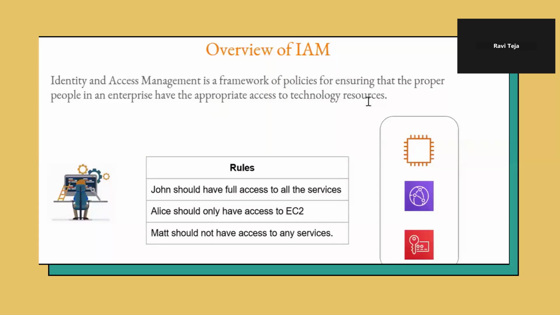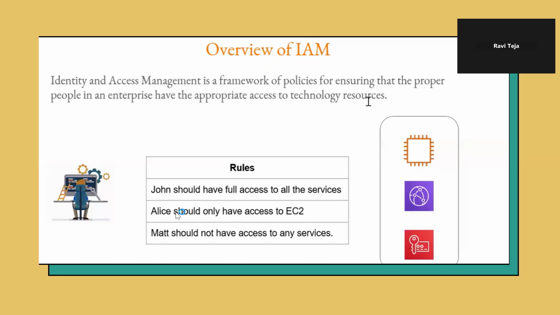There is an administrator account, and it will be distributed to however many users we have, depending upon their knowledge and skills. John should have full access to all the services, as he is an administrator, having all resources.